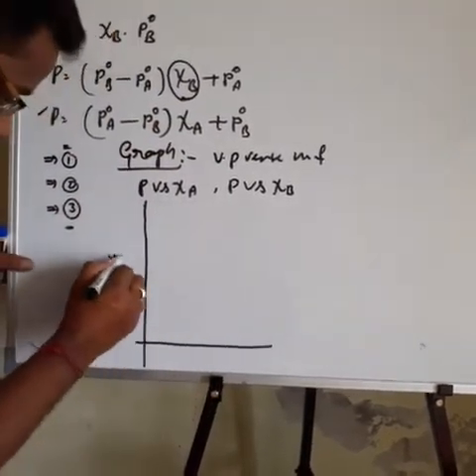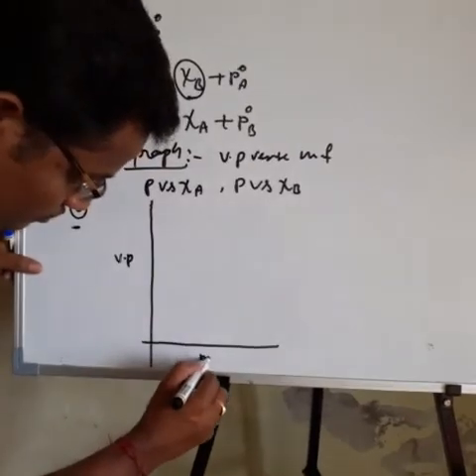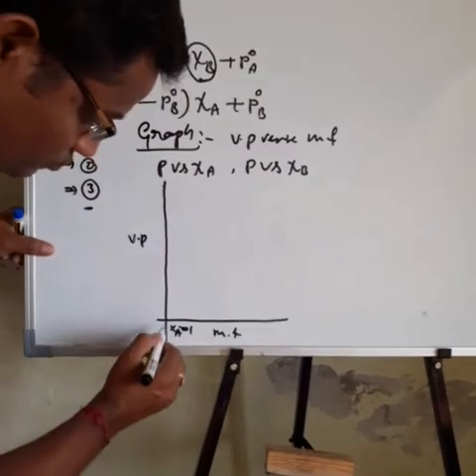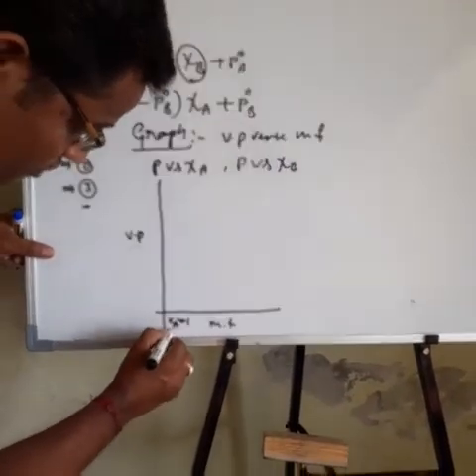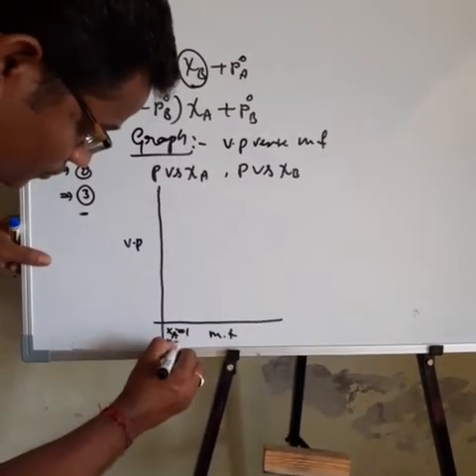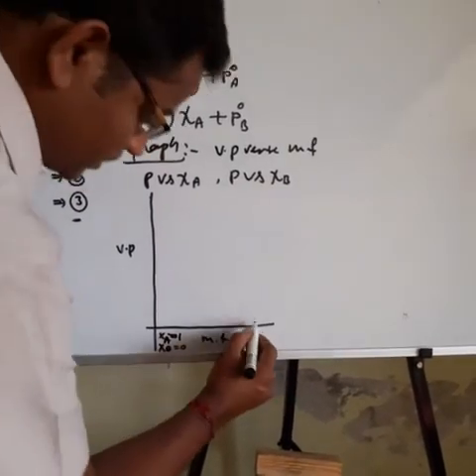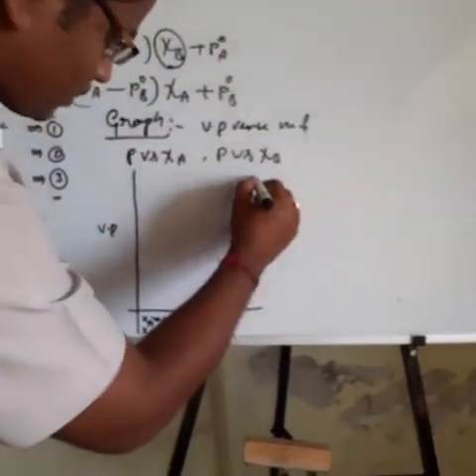Here mole fraction is equal to 1, meaning the mole fraction of solute equals 1; here xB is equal to 0, the mole fraction of solvent equals 0. Here another line is there.